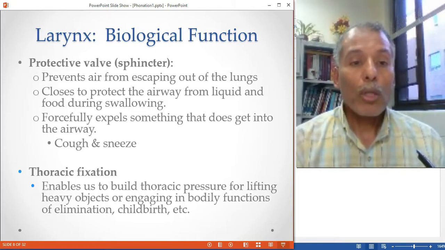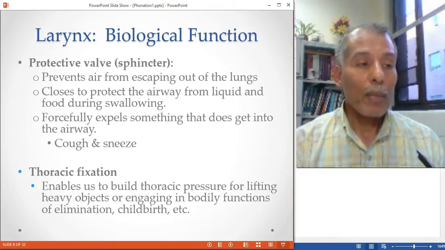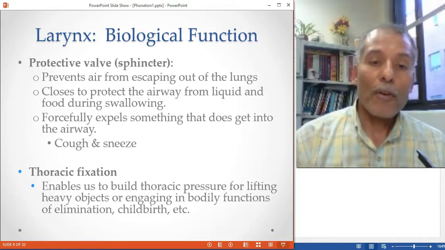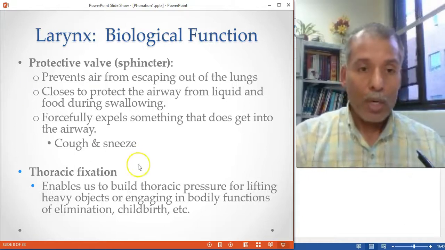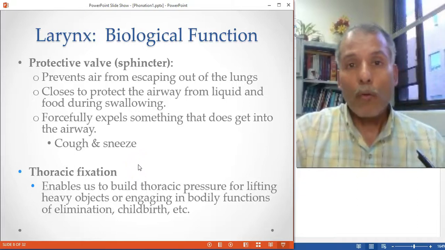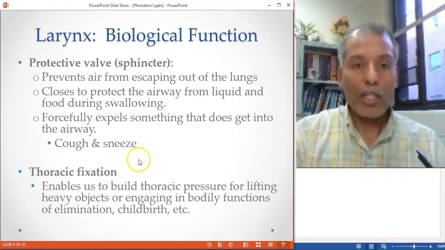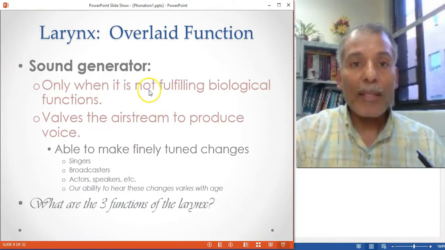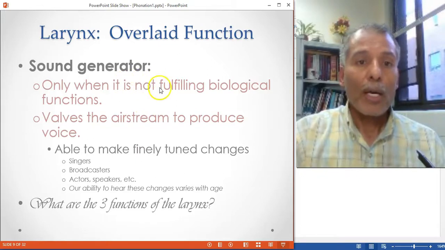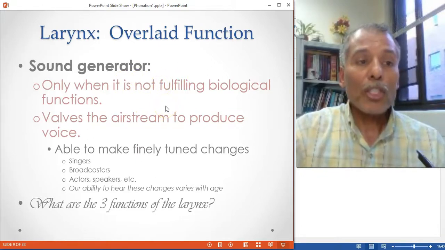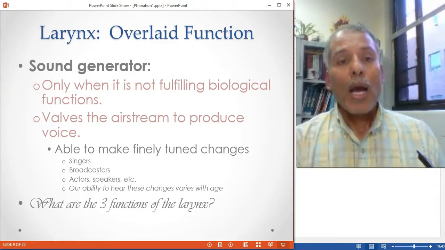When you hold your breath to exert effort, or if you go underwater, if you did not have the vocal folds to close the vocal tract, you would not be able to manage. And then the second function is basically speech, as a sound generator.